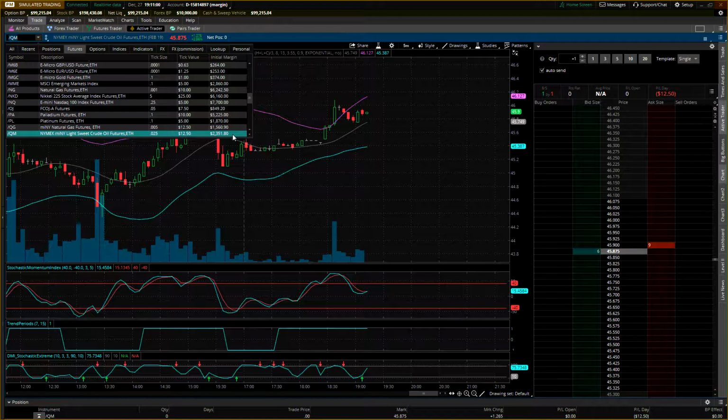The $2,351.80. That's what the broker expects you to have in your account, minimum, to trade one contract or one lot of this particular future. Okay?